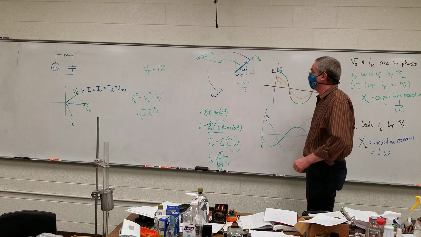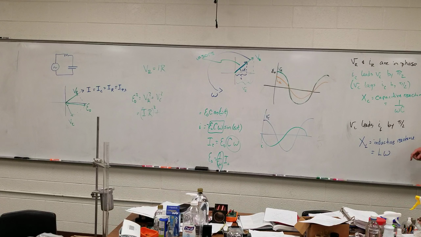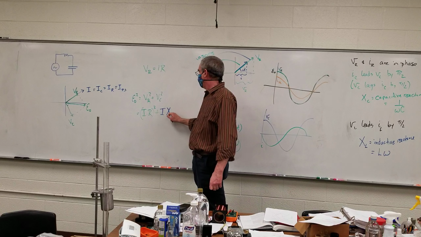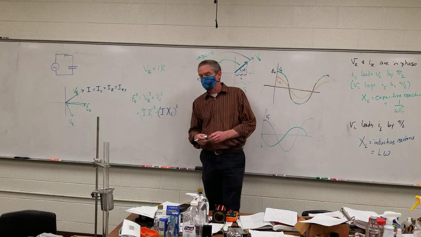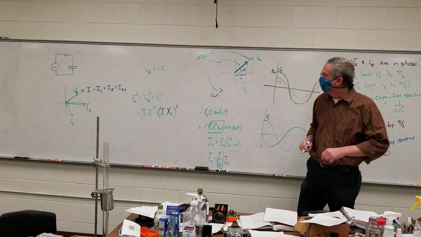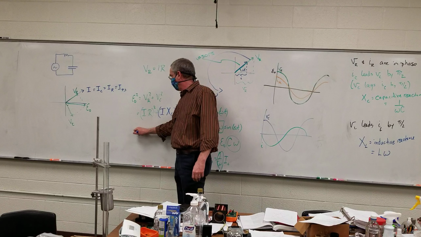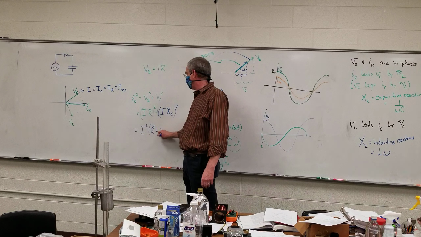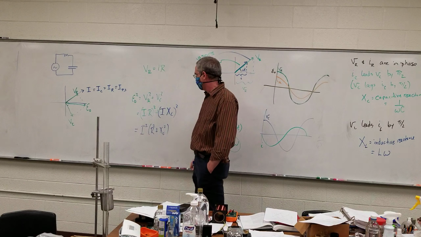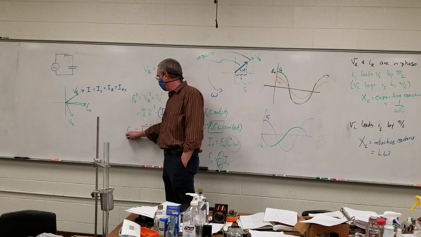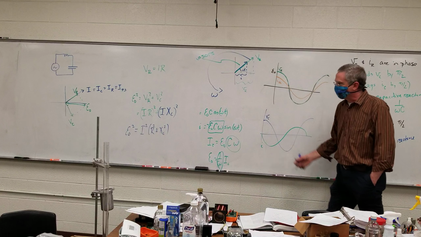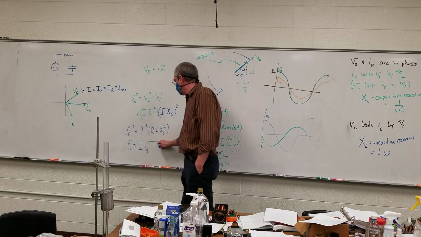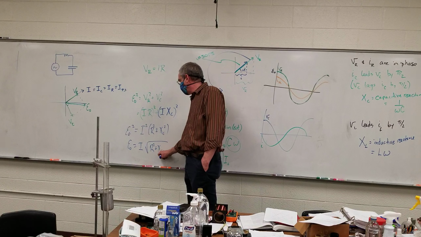For the voltage of the capacitor, I've got my Ohm's law equivalent, or analog, V equals I X sub C. I have I squared that I can factor out, and I'm left with R squared plus X_C squared. If I take the square root of both sides, I get epsilon sub naught is equal to I times the square root of R squared plus X sub C squared.